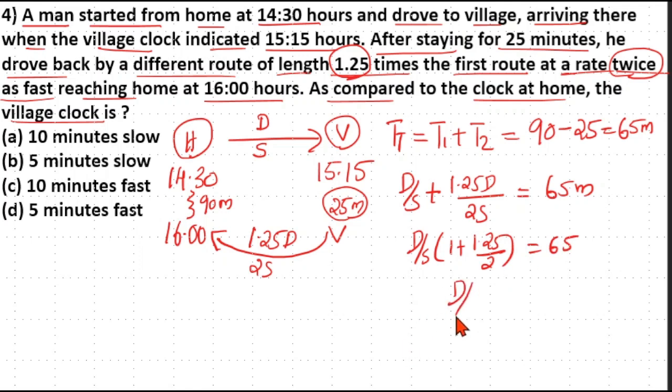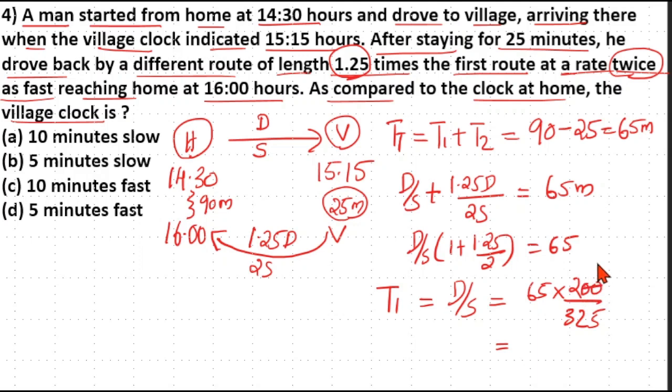That means d by s is equal to 65 into 2 by (2 plus 1.25), that is 2 by 3.25. d by s means T1, that is the time taken for the first route. Now, if I add double zero here, this 3.25 becomes 325.